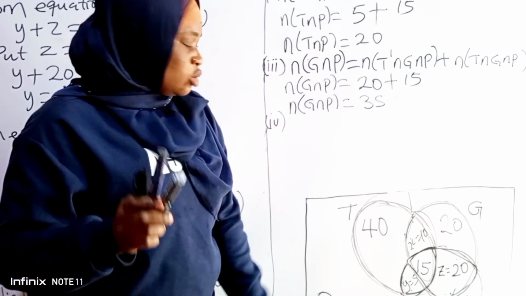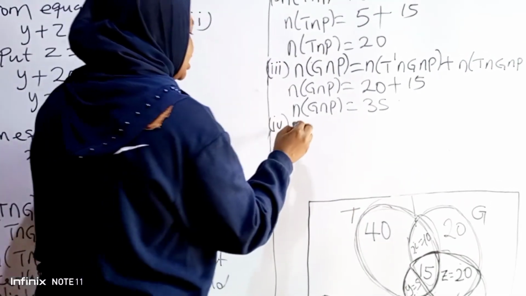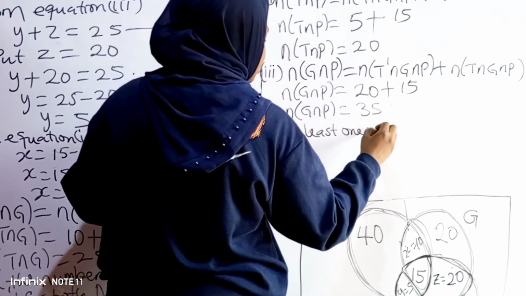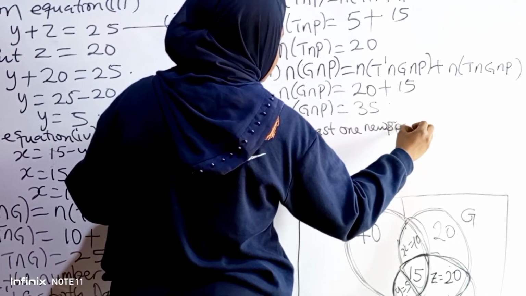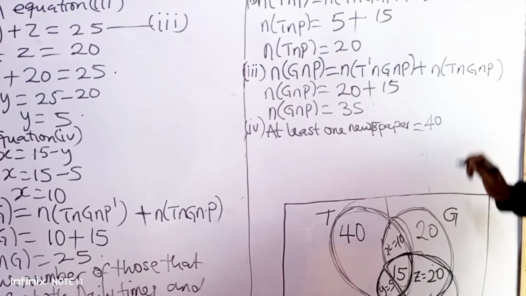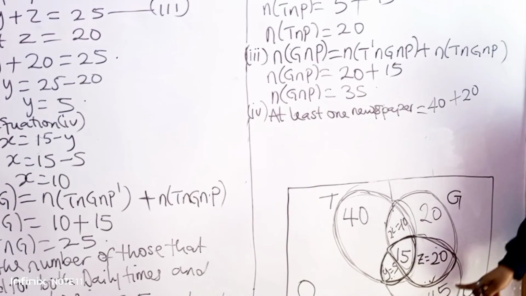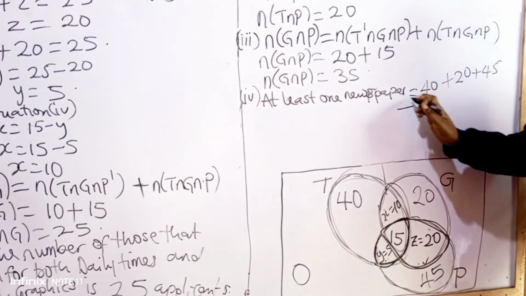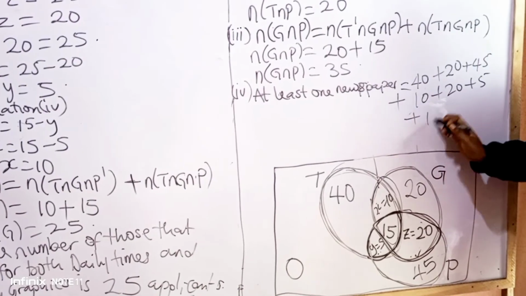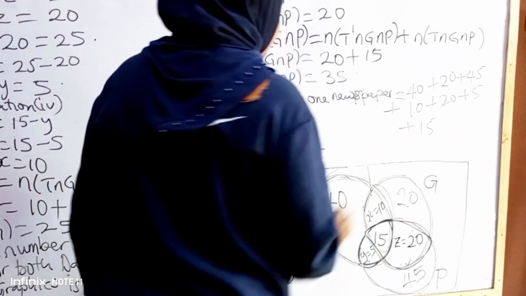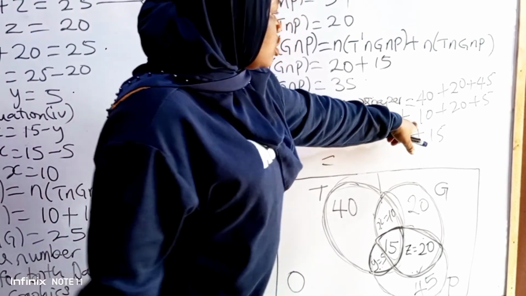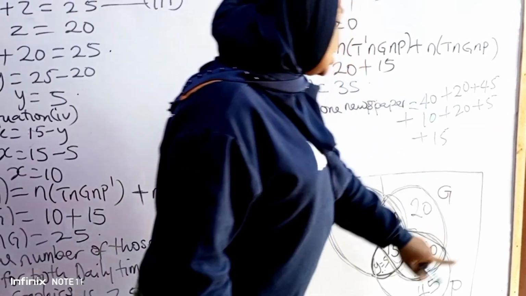Now at least one newspaper, you add everything together. It will be equal to 40 plus 20 plus 45 for those that apply for 1, plus 10 plus 20 plus 5 for those that apply for 2, plus 15 for those that apply for 3. So let's add everything together: 40 plus 20 is 60, plus 45 is 105, 115, 135, 140, 155.